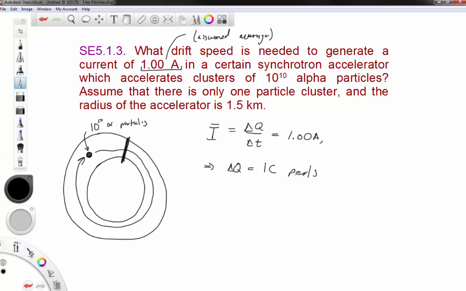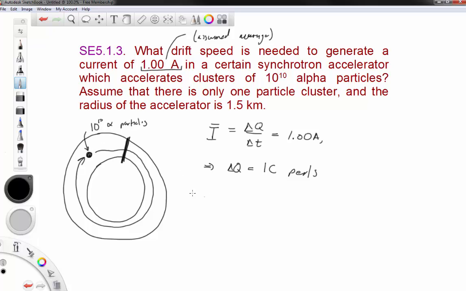So that basically means that this thing has to move rapidly enough around this synchrotron such that 1 coulomb's worth of charge passes through this point, or this really cross section. It's represented as a line here. It may be actually a circle if you looked at it face on, every second.